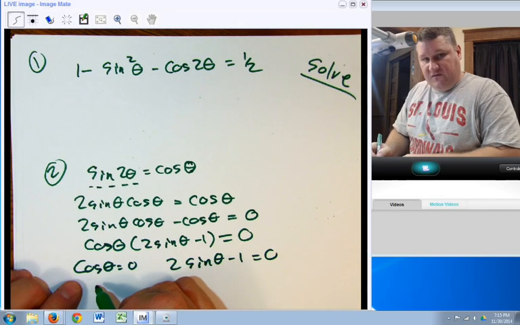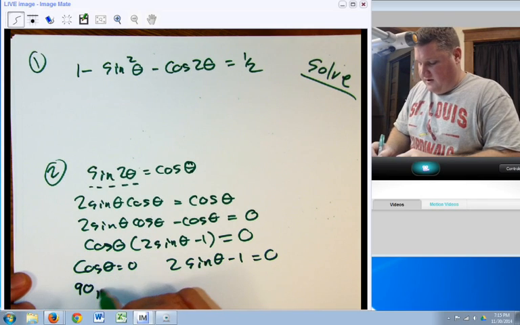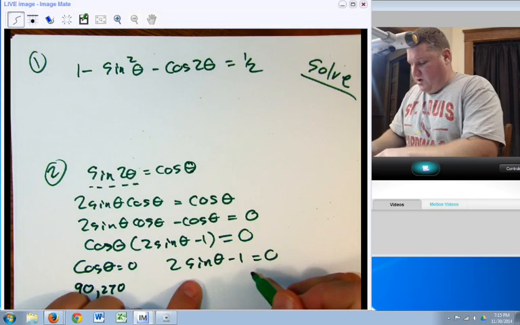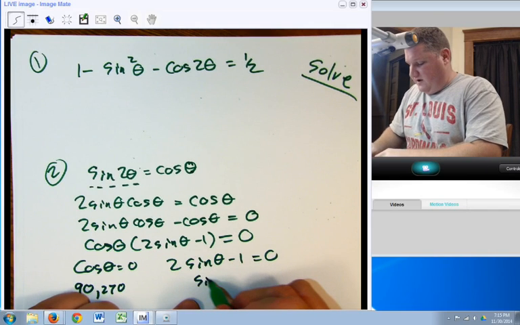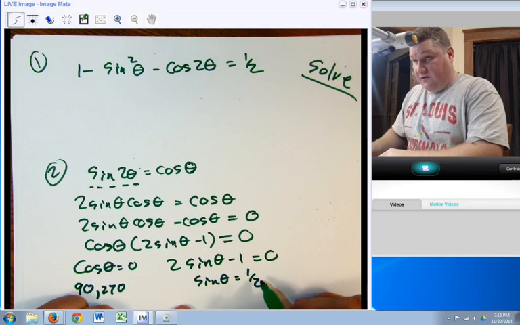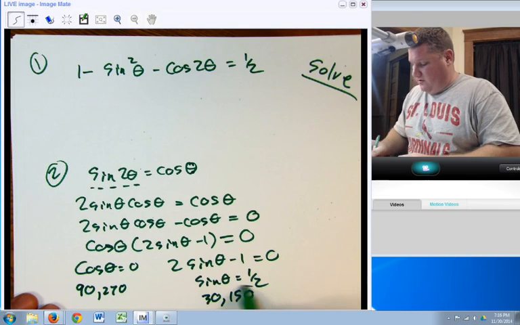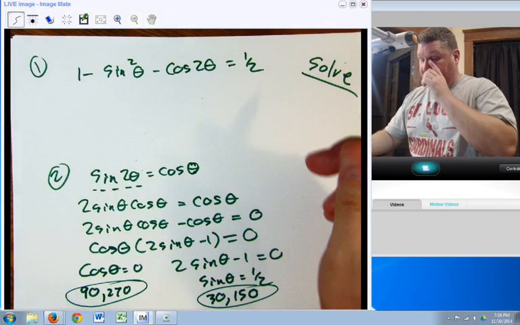So where does cosine equal 0? If it's in 0 to 2 pi, it's going to happen at 90 and 270. Over here, we're going to have sine of theta equals 1/2, and sine of theta equals 1/2 at 30 and 150. There you go. So there are your potential answers. Now, let's go back up here.